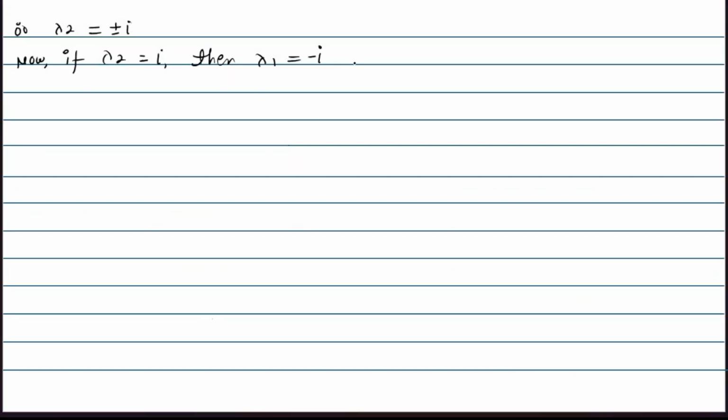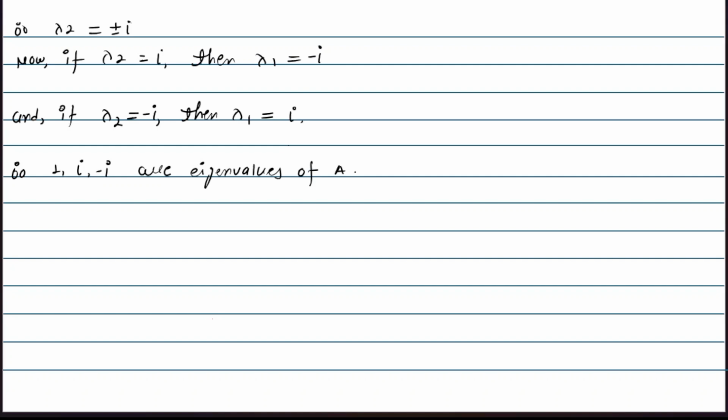And if lambda 2 is minus iota, then lambda 1 is equal to plus iota. So clearly 1, iota and minus iota are the eigenvalues of A.